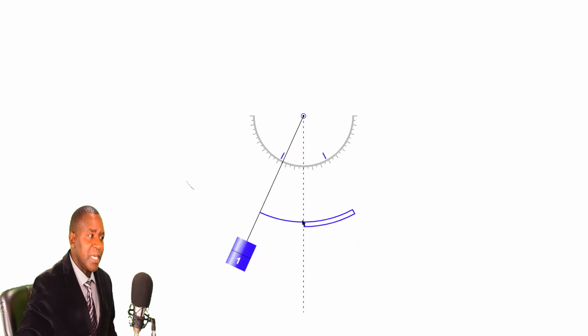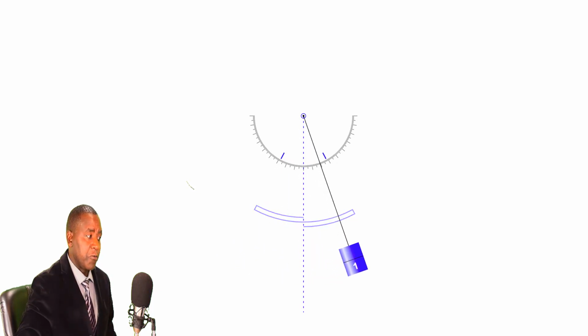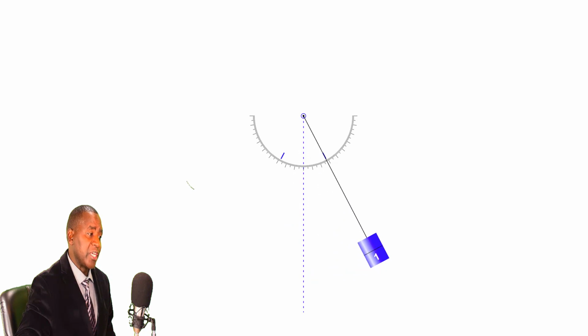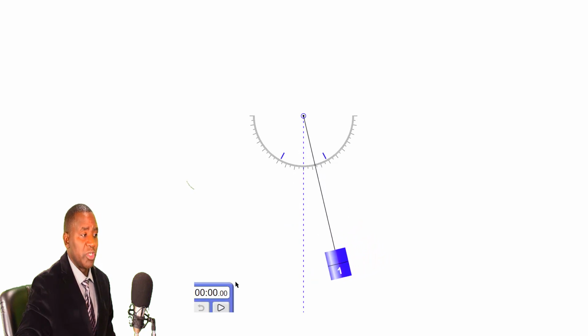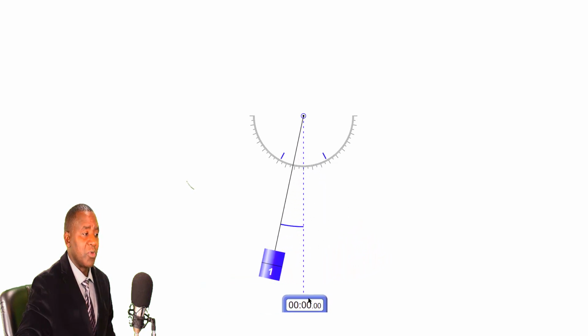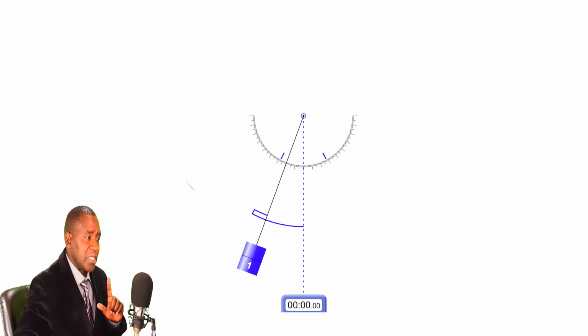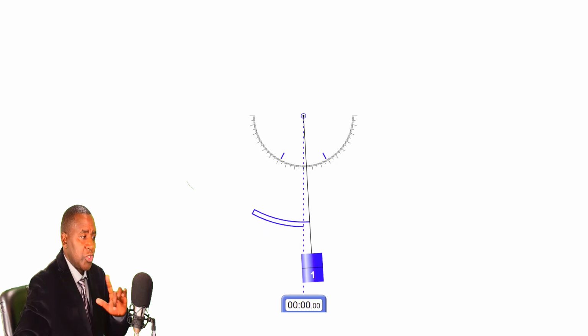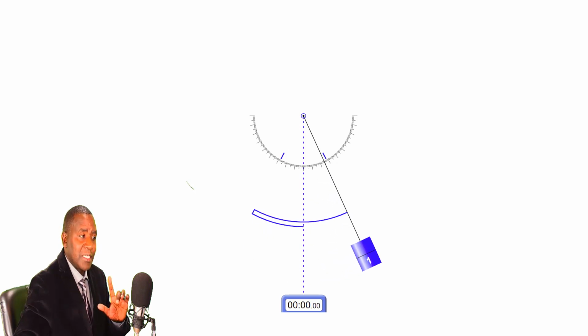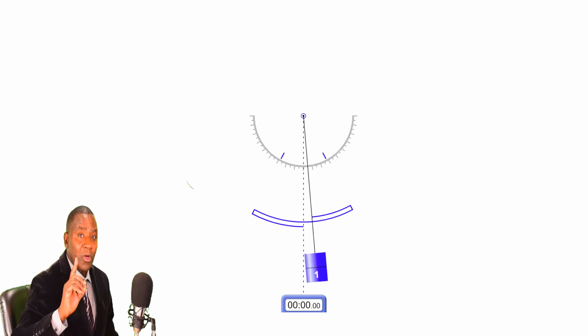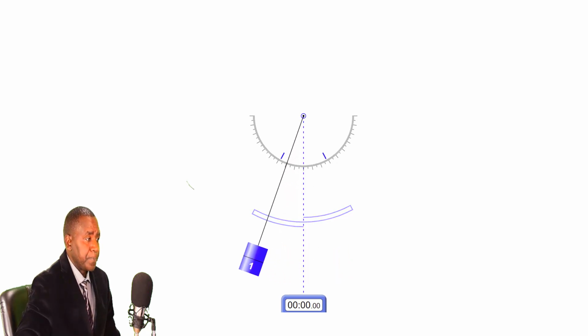The time it takes for this particle to complete an oscillation is referred to as the periodic time. And of course, we can measure that periodic time using a stopwatch. You can get this stopwatch here, put it over here, so that as soon as it crosses, let us wait for it to come back, repeating that oscillation, and then we get the time for one complete oscillation.